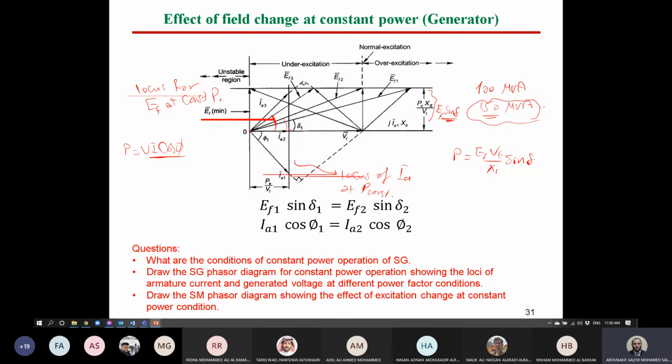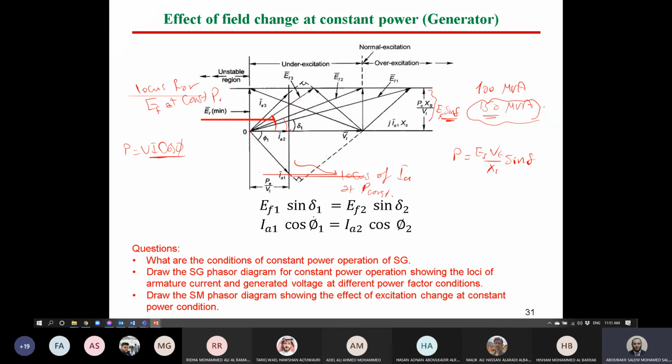Here you can have some questions. For example, what are the conditions of constant power operation of a synchronous generator? These are the conditions. Draw the synchronous generator phasor diagram for constant power operation, showing the loci, which is the plural of locus, of armature current and generated voltage at different power factor conditions.